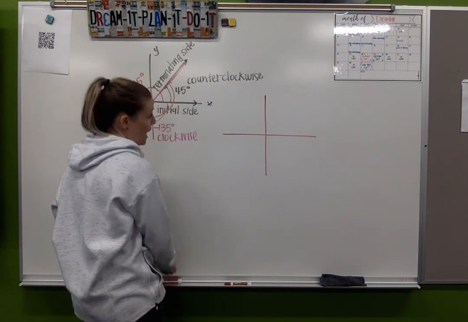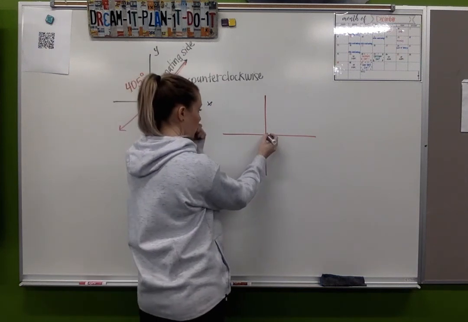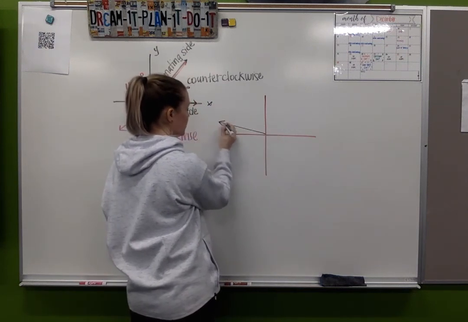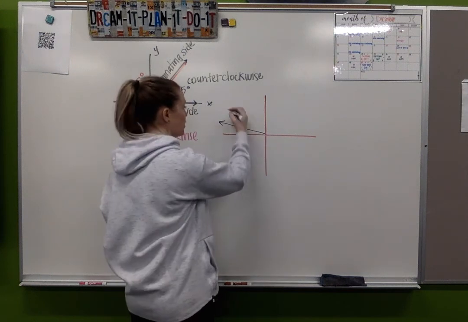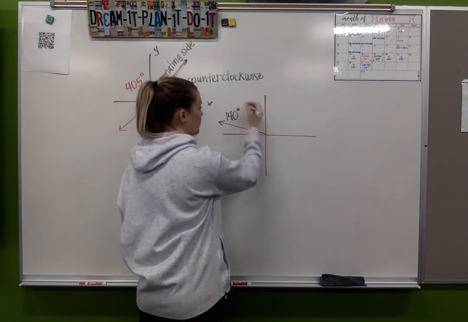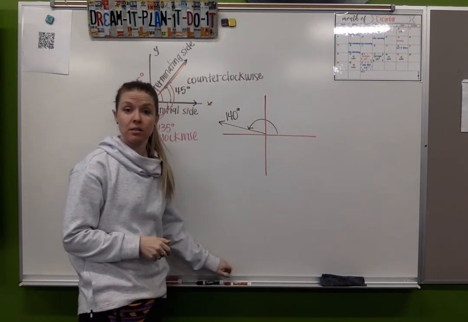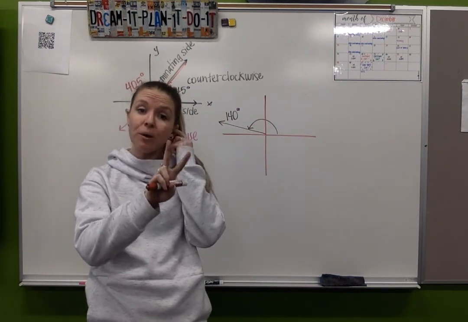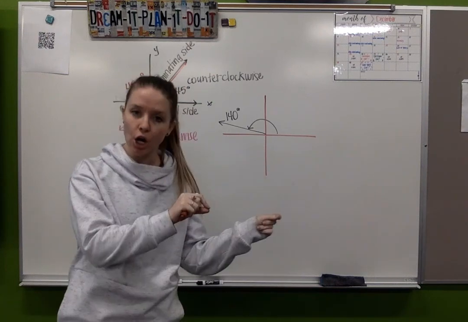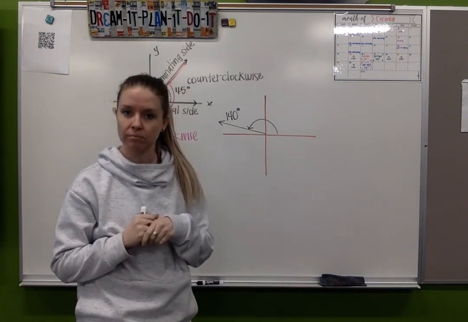If we were to build another axis here, let's say I have this angle, I'll call it 140 degrees. I rotate this way, and that's 140 degrees. I want to find 2 angles that are coterminal with 140.